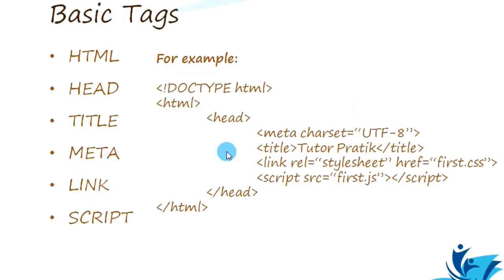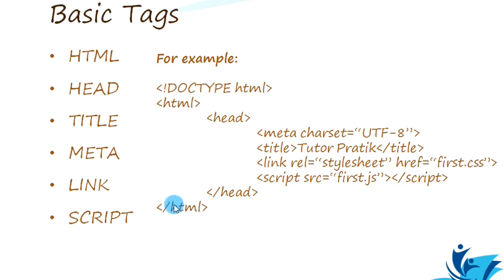Basic tags. Normally in our HTML we use these basic tags: HTML, head, title, meta, link, script. HTML is the main container of our coding. For example, we can check that we started with doctype html, after that we started the HTML.